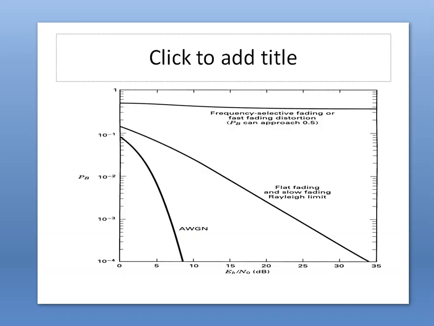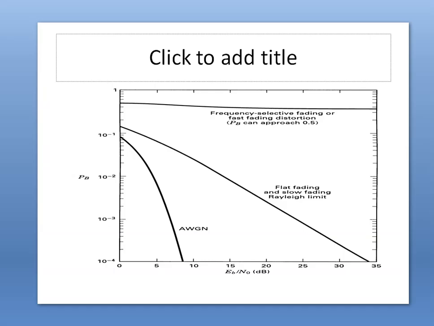Now we observe the plot of Eb/N0 with respect to probability of error by considering three types of distortions. One is AWGN, that is additive white Gaussian noise. Second one is flat fading, and third one is frequency selective fading. Now we can observe the variation of probability of error.